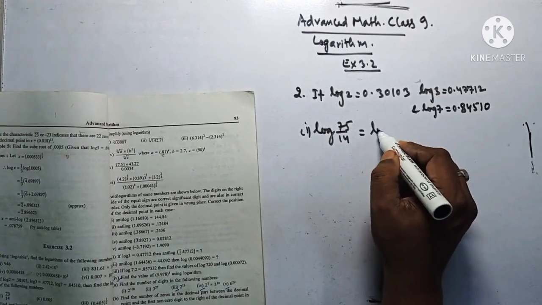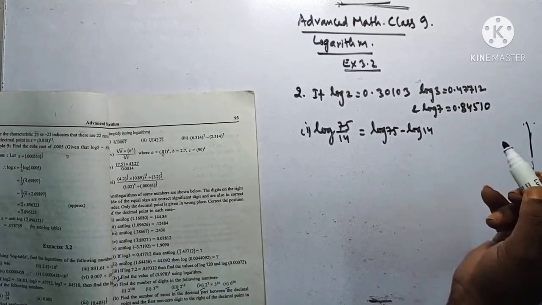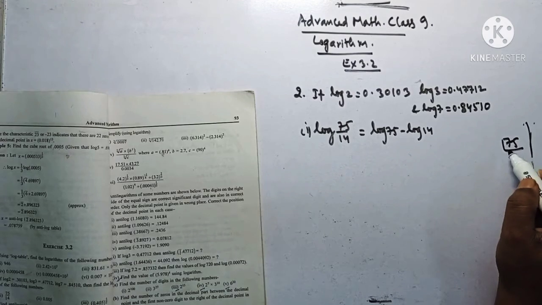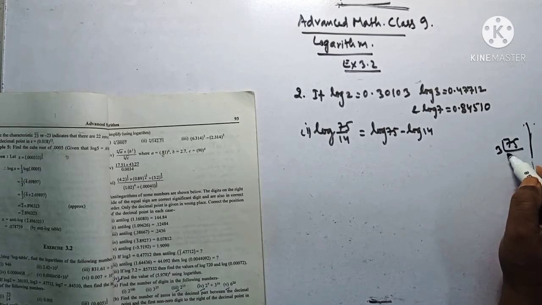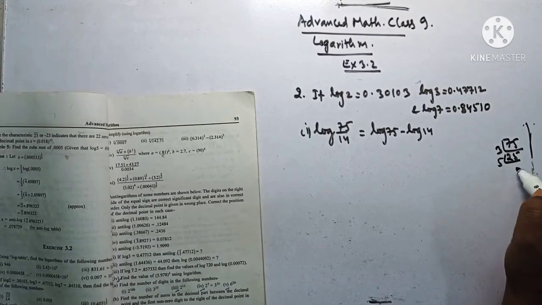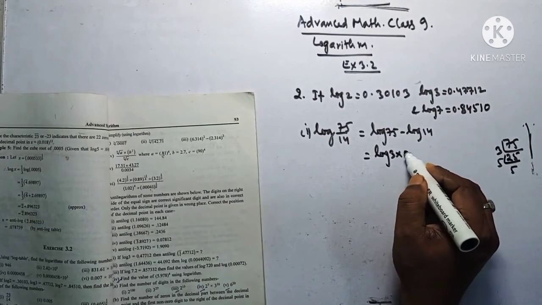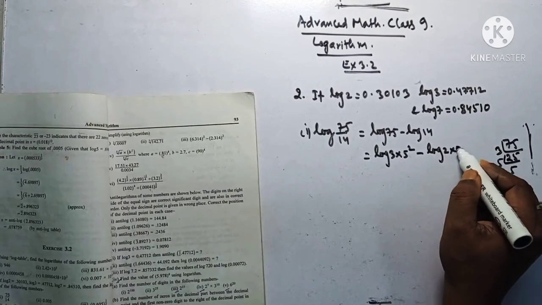This will be equal to log 75 minus log 14. Now you do the prime factorization of 75. 3 fives are 15, 3 twos are 6, so this will be equal to log 3 into 5 square, and this will be equal to log 2 into 7.